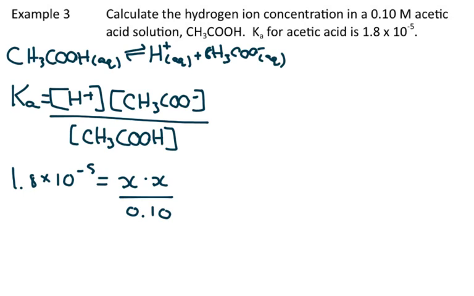And now it's just a matter of doing some math, calculating these out, finding the value of X, which will give us the value of H plus. So we can cross multiply. We have X times X, which is multiplied by 1, which gives us X squared. 1.8 times 10 to the minus 5 multiplied by 0.1 is 1.8 times 10 to the minus 6.